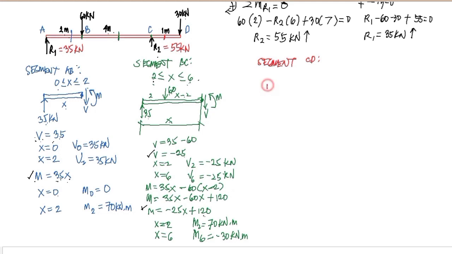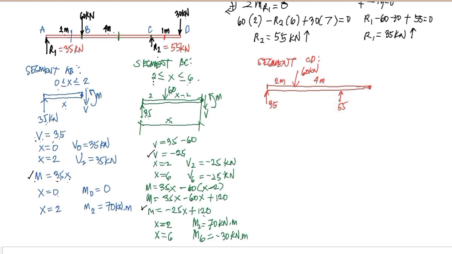So we have here R1, which is 35 kilonewton, and at a distance of 2 meters, so we have here 60 kilonewton. And we have here 4 meters, and nandito naman si reaction 2, which is equal to 55 kilonewton.